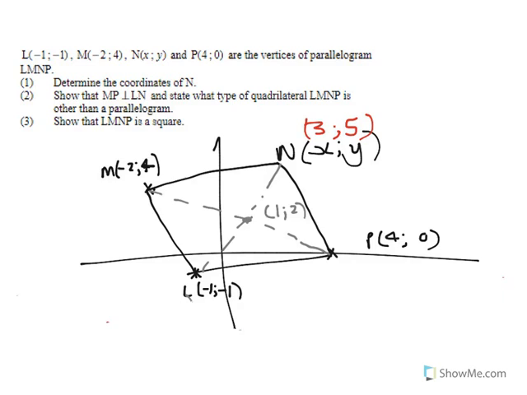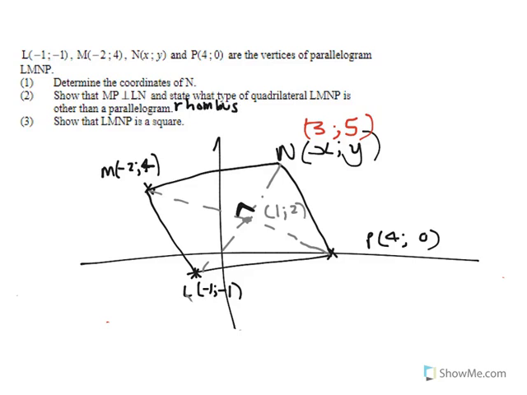Right? Show that MP is perpendicular to LN and state what type of quadrilateral LMNP is other than a parallelogram. So we want to show that this angle here is 90, and we already know that if that is true, then this is a rhombus. Right?